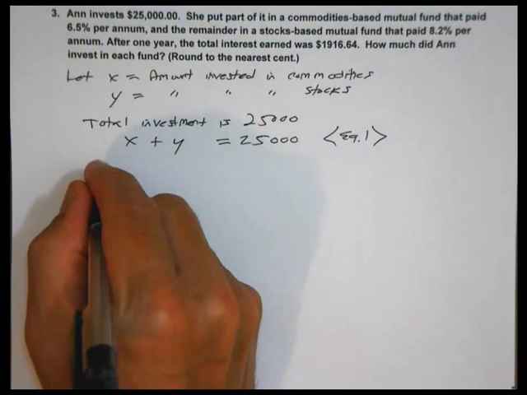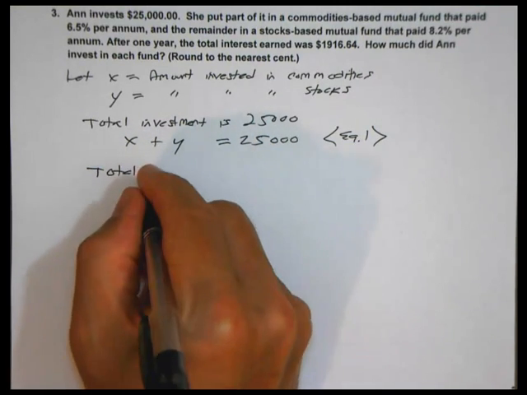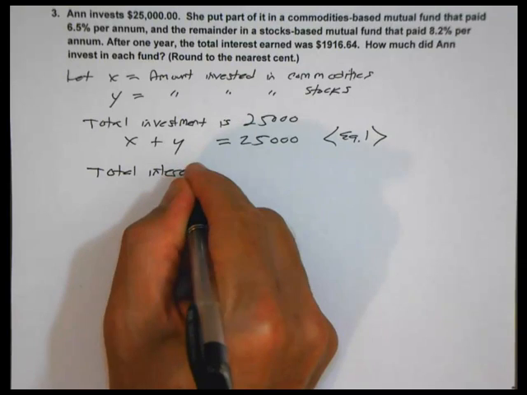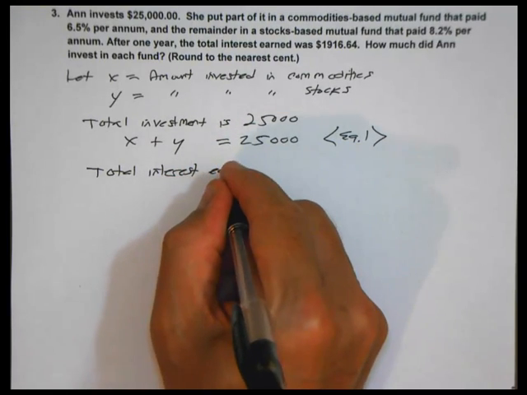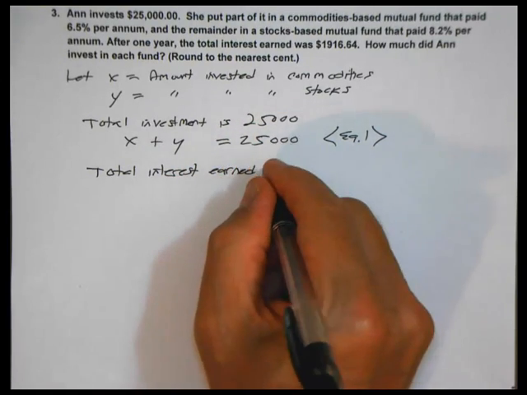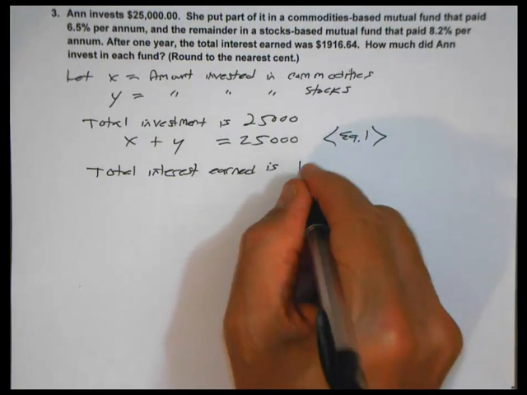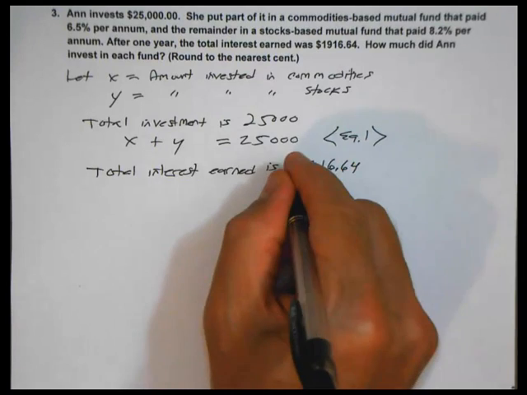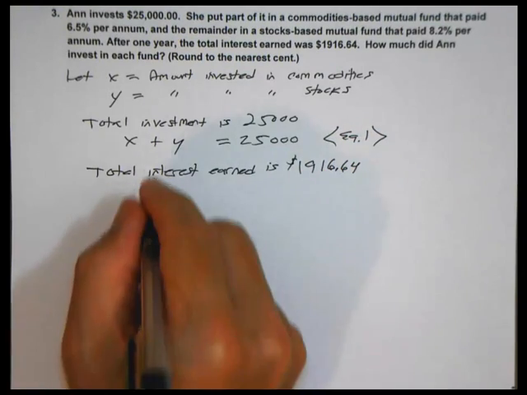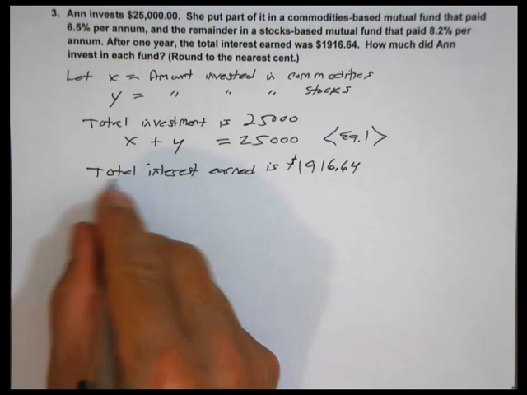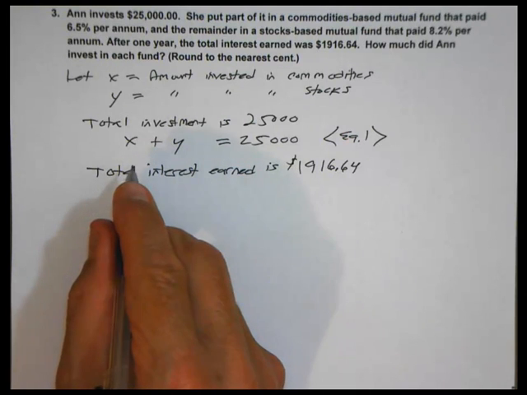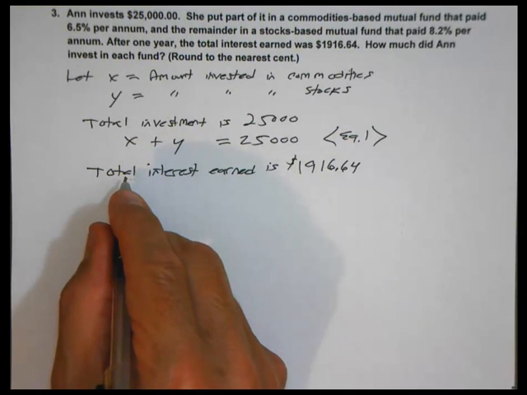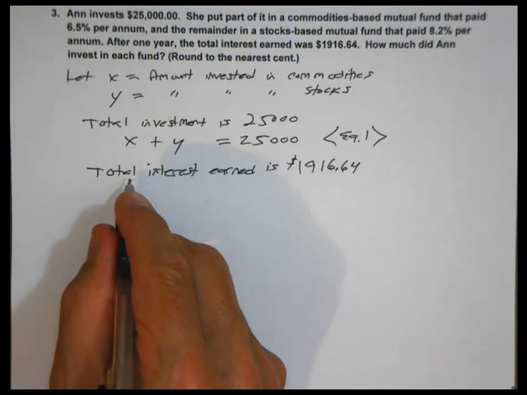Okay, total interest earned is 1,916.64. Well, this total interest comes from two sources: interest from the commodities fund plus interest from the stock fund.